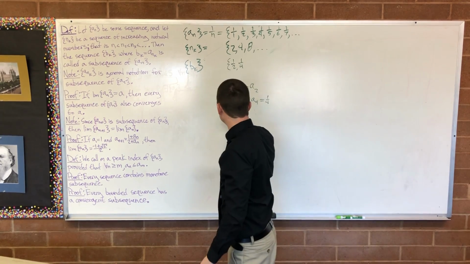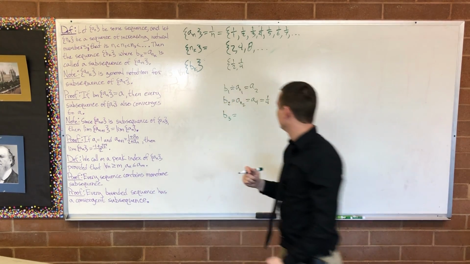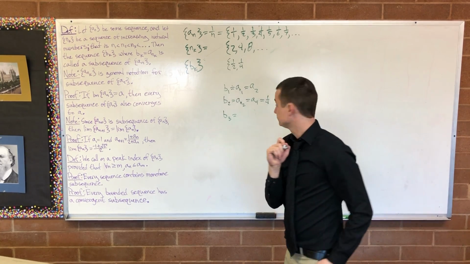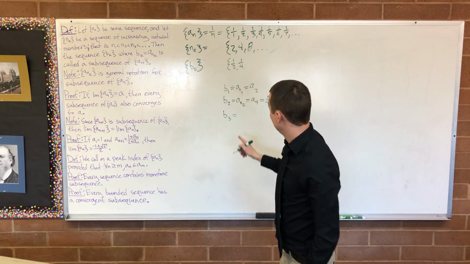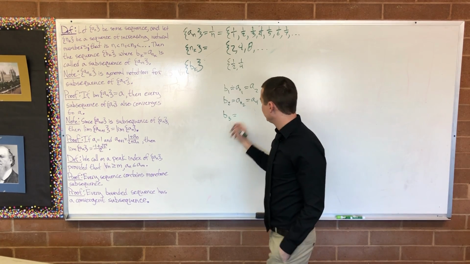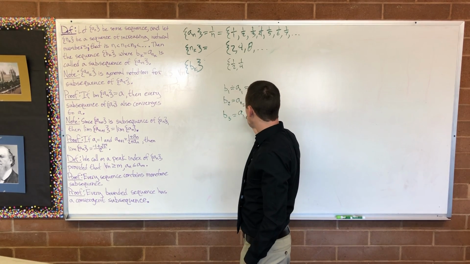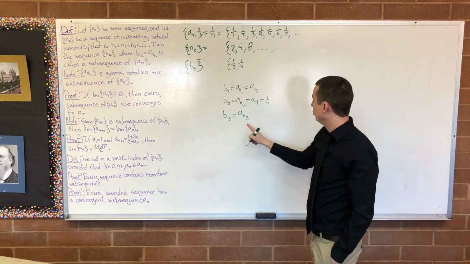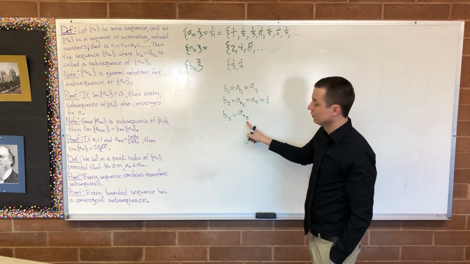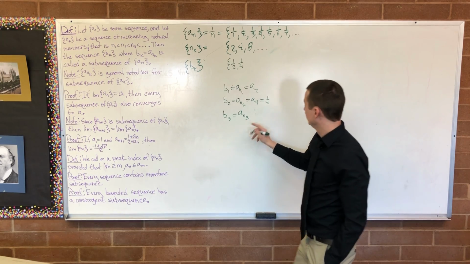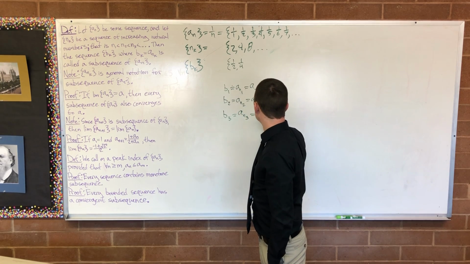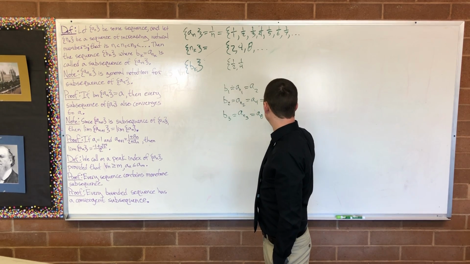So what's b_3 going to be? b_3 is going to be a_{n_3}. What's n_3? It's 8. So it's the same thing as a_8, which is 1/8.